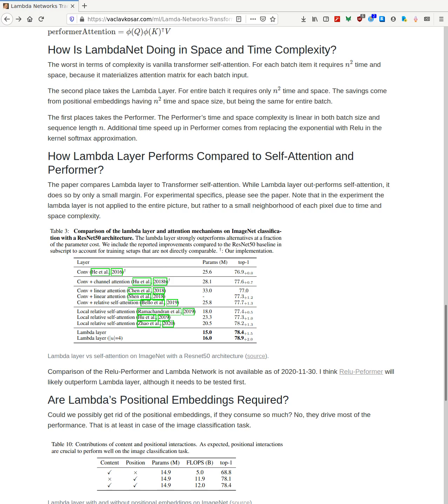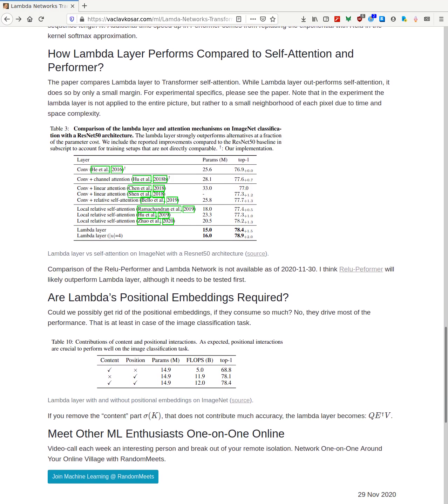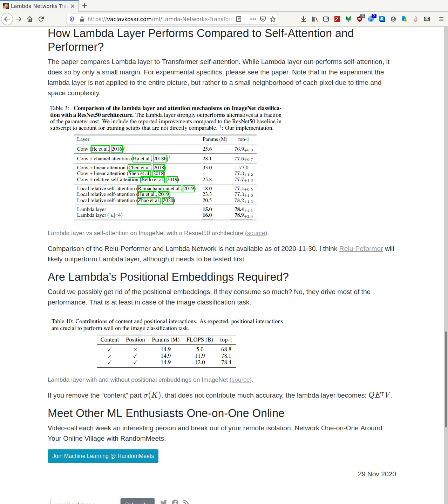The second place takes the Lambda layer, because for the whole batch you have this n squared complexity only once to calculate. But the first place takes the performer. It's linear in space, and that's great. And this is why I think that's my favorite now.